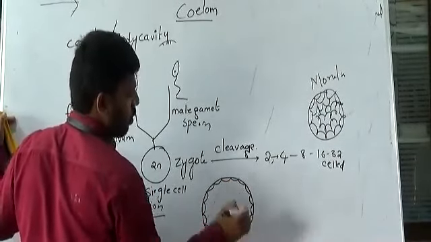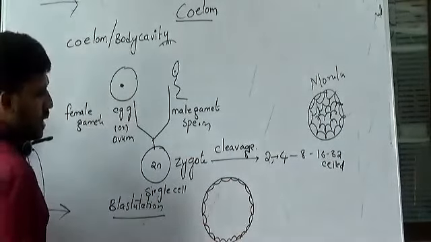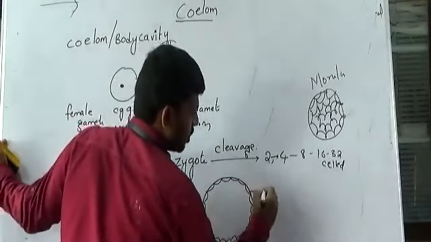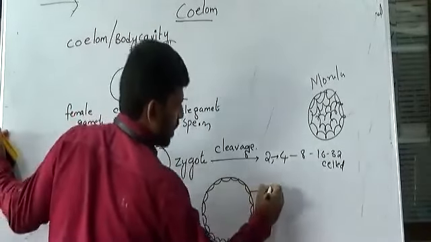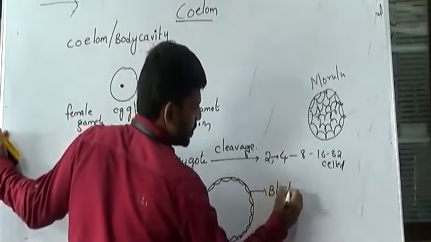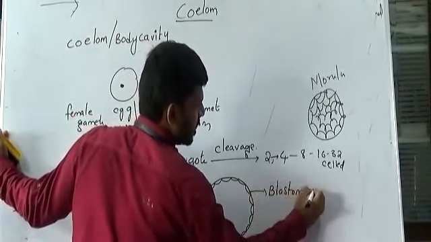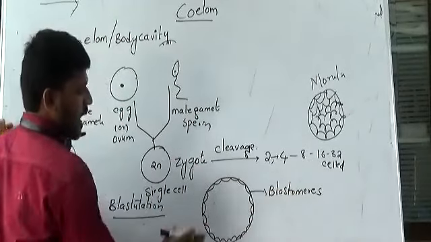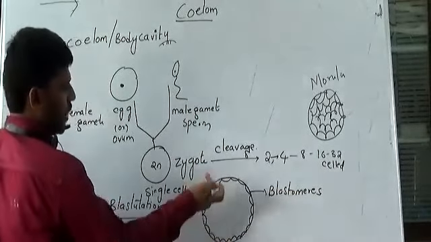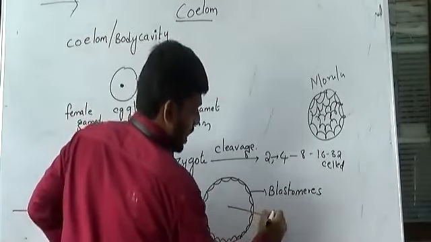These cells which move towards the periphery are called blastomeres, and the space which is formed here is called blastocele.